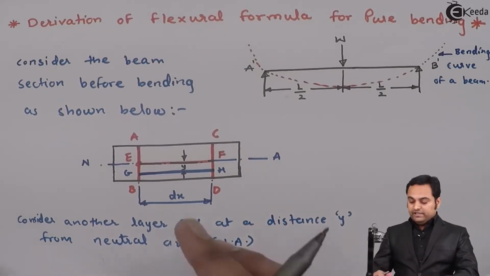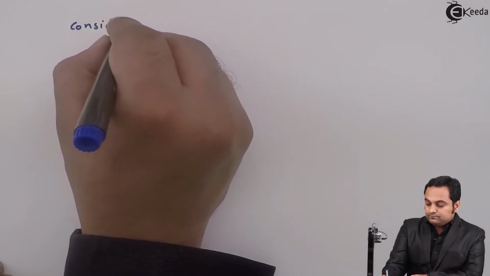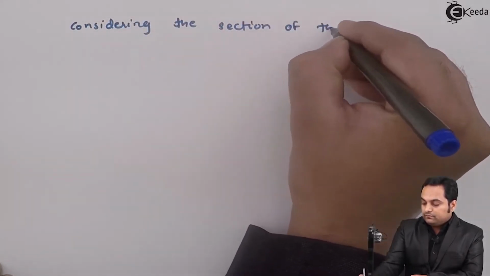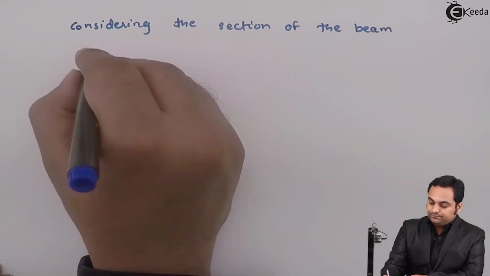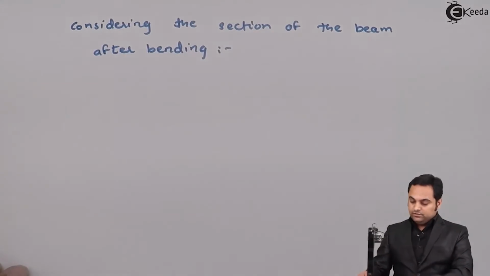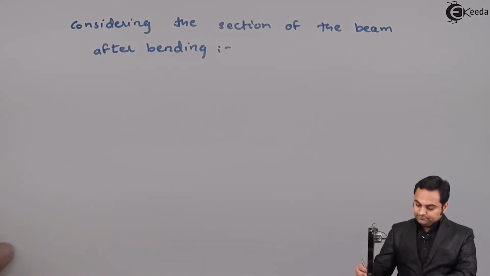Now after bending, what happens is, I'll say that considering the section of the beam after bending. Now after bending, how it will look, first I'll draw the diagram for that.